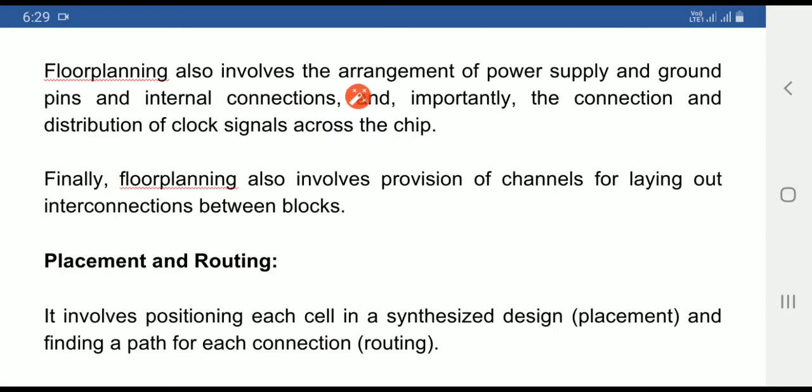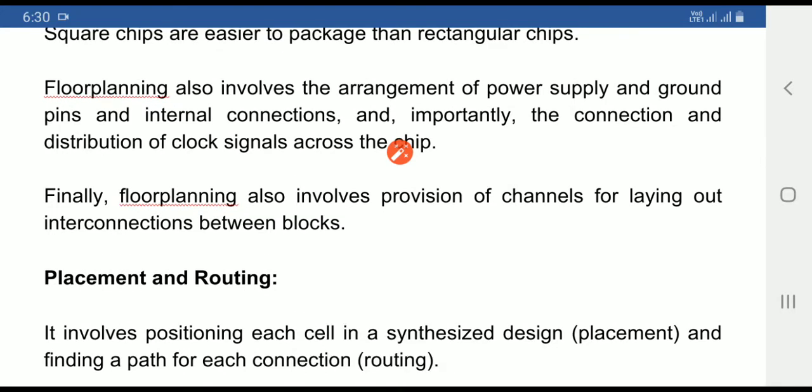Floor planning also involves the arrangement of power supply and ground pins and internal connections, and importantly the connection and distribution of clock signals across the chip, because the clock signal circuit is much larger in size and area.